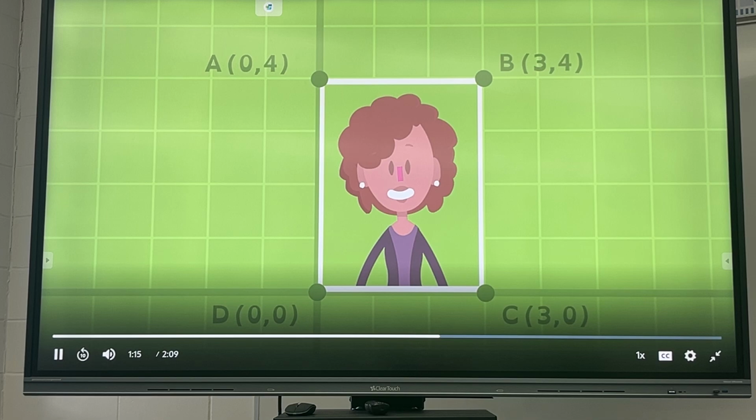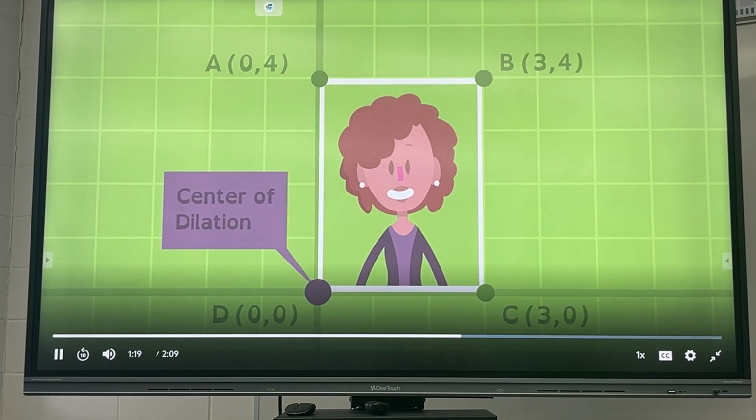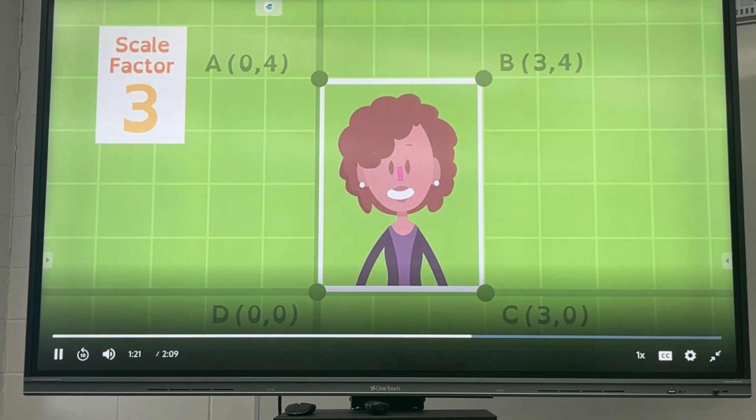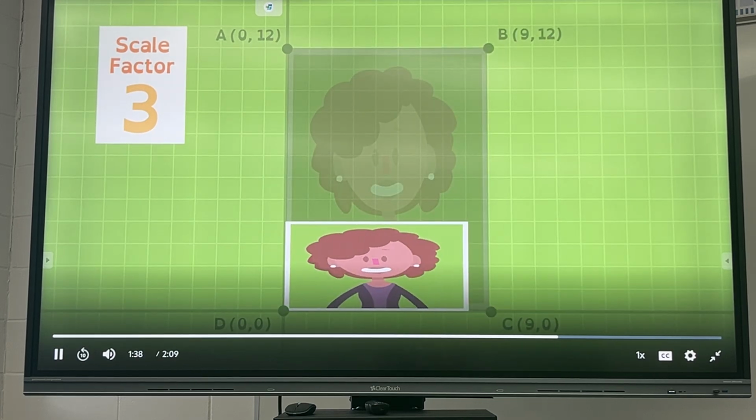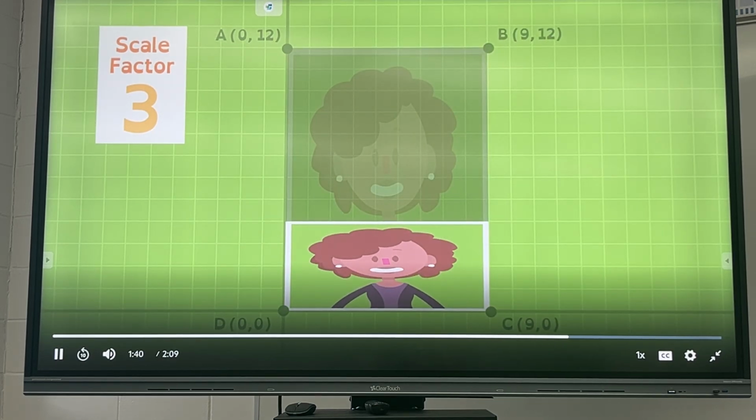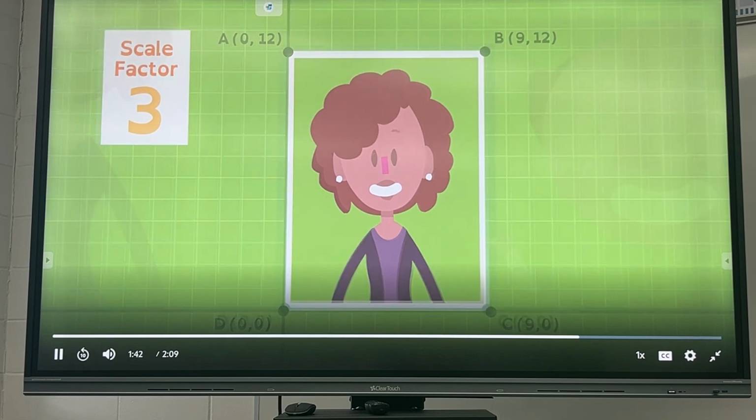A coordinate grid can help us see how this works. If the center of dilation is 0, 0, and the scale factor is 3, the horizontal distance from the center of dilation is 3, and the vertical distance is 4. Multiplied by a scale factor of 3, the horizontal difference becomes 9, and the vertical distance becomes 12, stretching the shape 9 units to the right of the center of dilation and 12 units up.